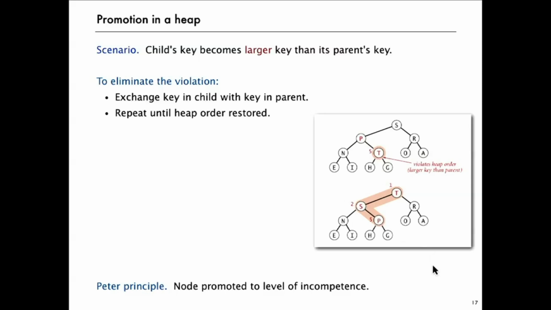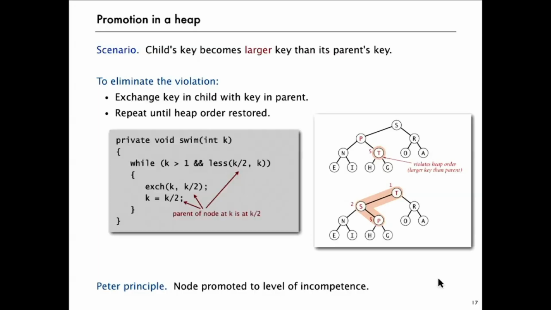You can think of that as kind of like the well-known Peter principle, where a node gets promoted to a level where it finally can't be better than its boss. It's a level of its maximum incompetence. And implementing that in code is really easy. We call that the swim operation. It swims up to the top.